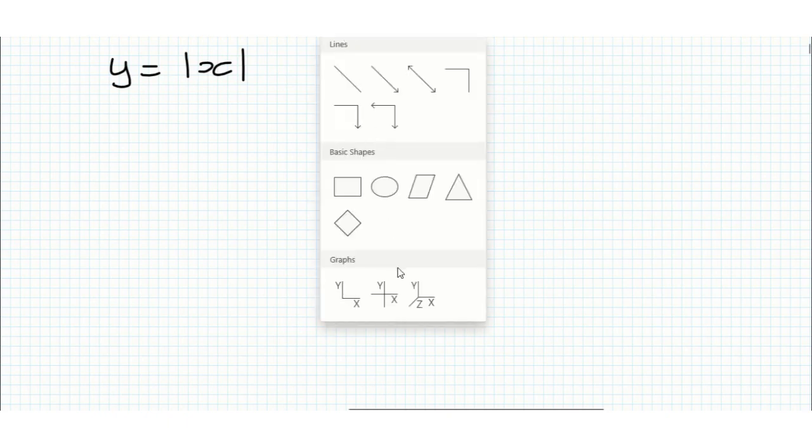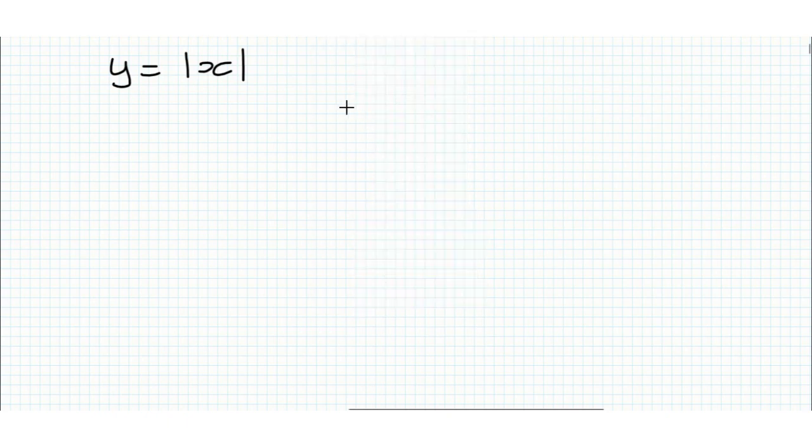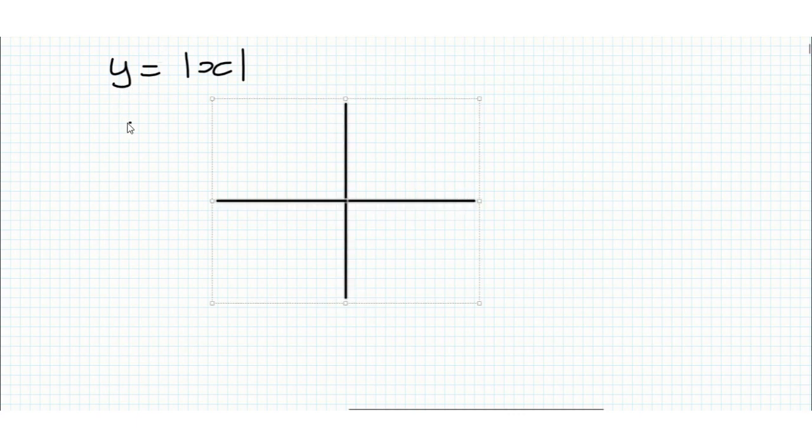Well, on the positive side, y of mod x is just equal to y of x, or y equals x, and that's this straight line here with gradient 1.